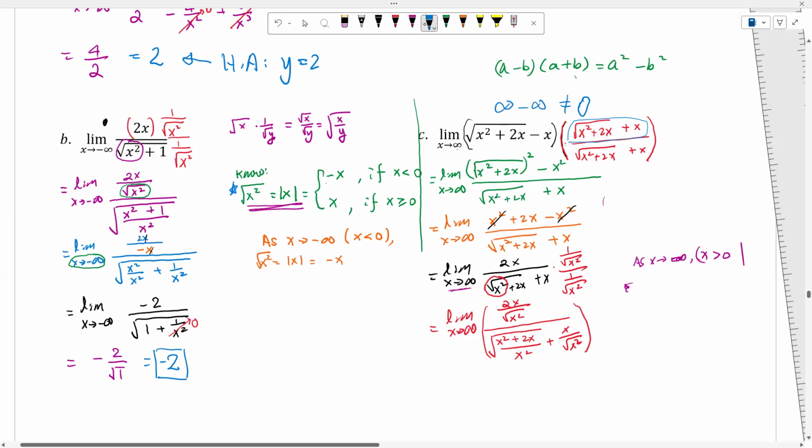And now the square root of x squared is equal to the absolute value of x, which is equal to x.